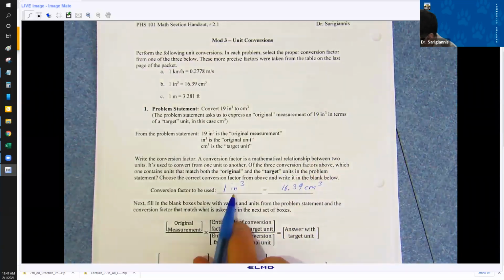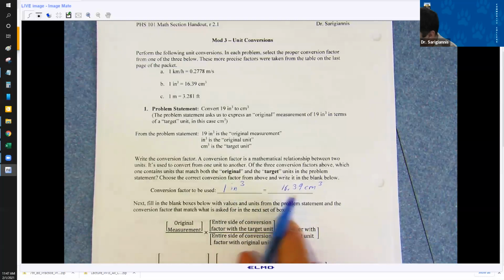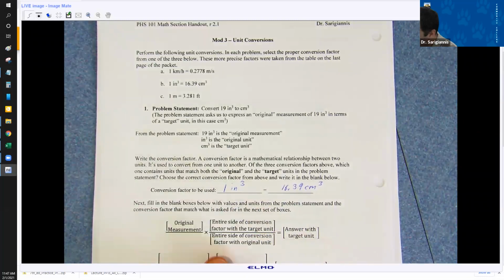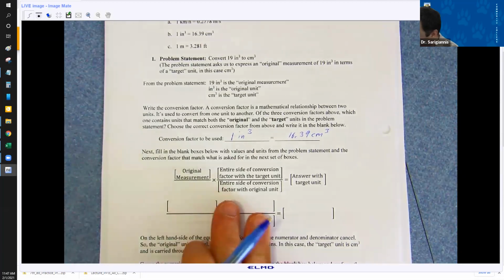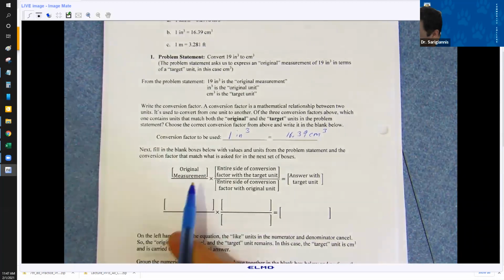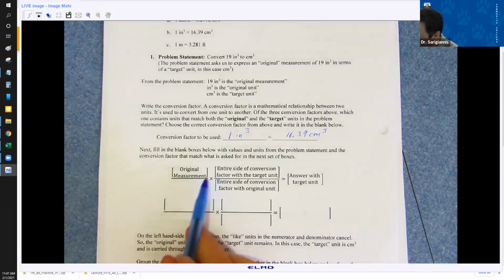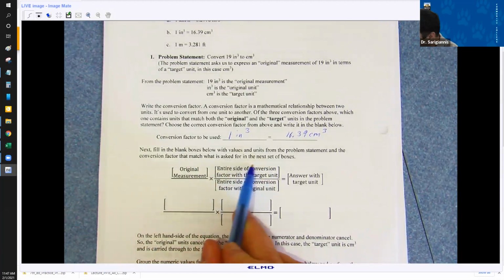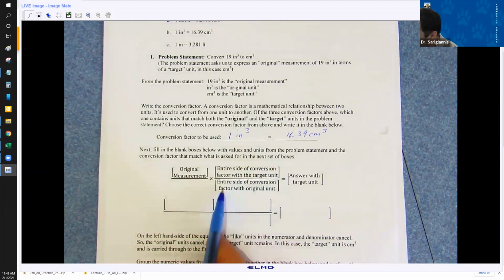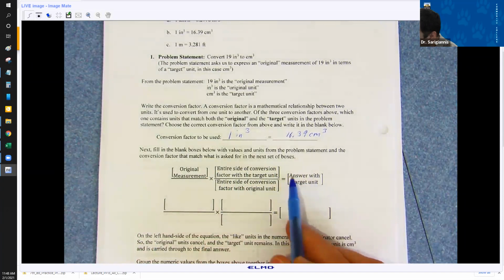This is saying that this is equal to that. So the way you can do this is you can set it up using a ratio or a multiplication formula, where you have your original measurement, and then you have your equivalent conversion factor with the target units you want, and then the original units on the bottom. Then you'll get an answer with the target unit.